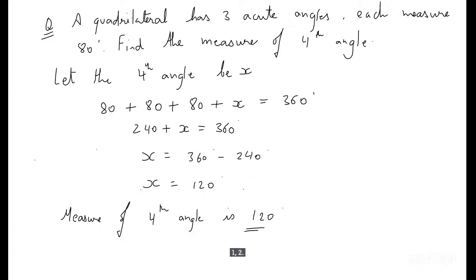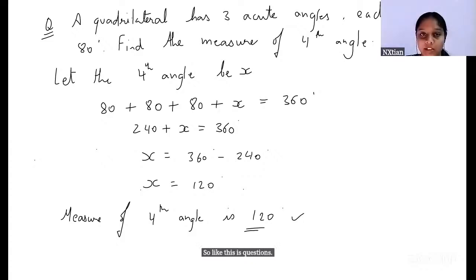So like this, if questions are put up on the quadrilateral, we can find it, because we know the sum total of all the angles. So any other measure that is asked, we can just calculate it.